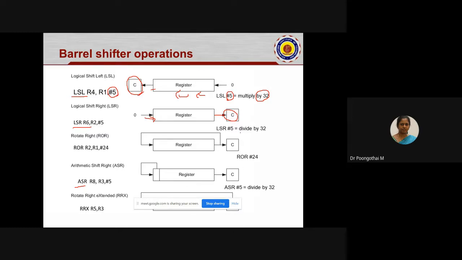The operation is division. LSR hash 5 means the register content is divided by 2 power n, which means divide by 32.